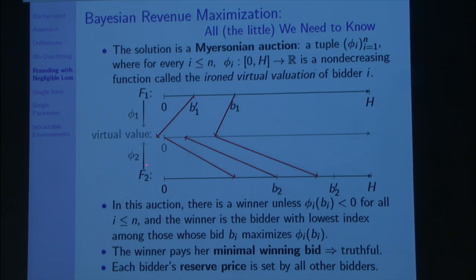This happens because we don't know that the inverse of phi 2 in this case is nice in any way, or Lipschitz or whatever. But it is bounded. It is bounded, but it's bounded by maybe the reserve price that I induce on you drops by as much as capital H. And if the auction results with you winning, you're going to pay capital H less. That's much more than epsilon less. That's the problem.